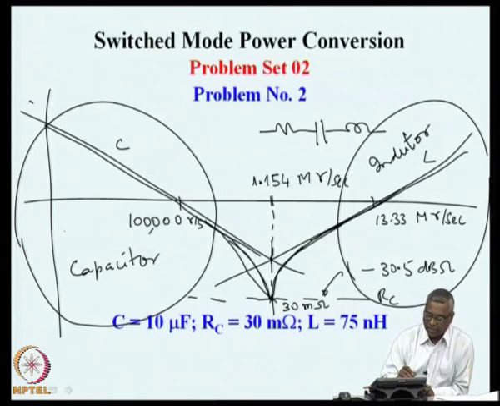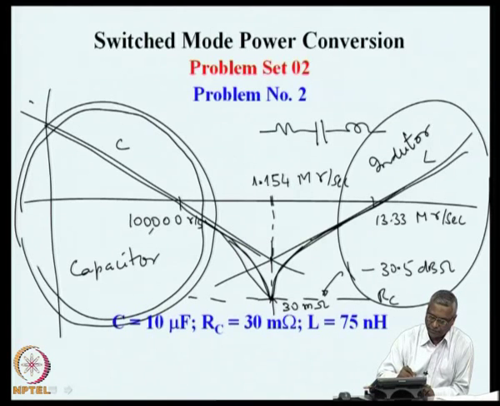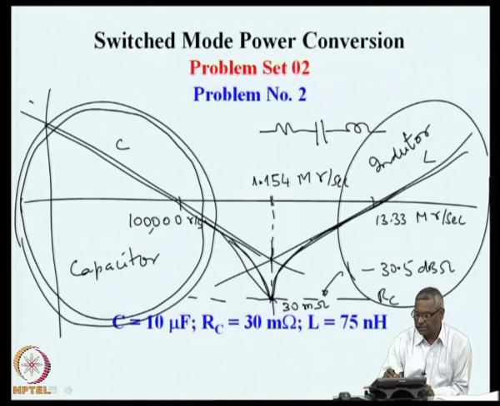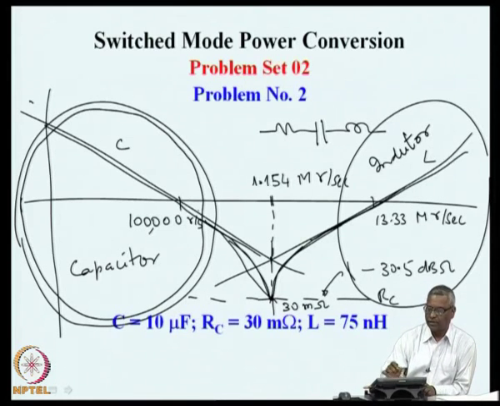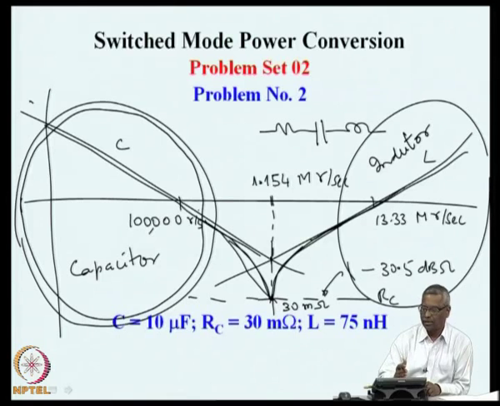So, this capacitor can be used satisfactorily in a frequency range which is probably 1 or 2 decades less than 1.154 mega radian per second. So, probably up to about 100,000 radian per second, this capacitor is a good capacitor. Beyond that, there is resonance, and even beyond that, it is a pure inductance.